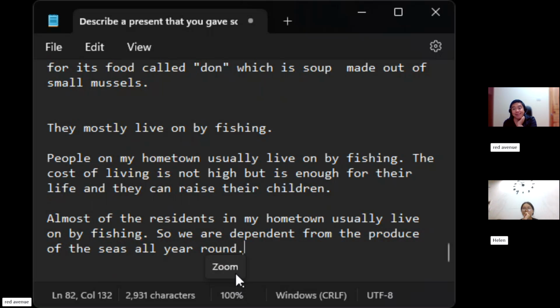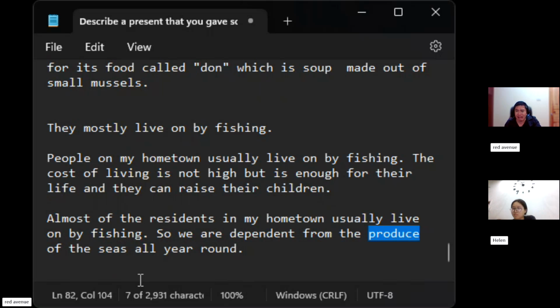What does it mean when we say produce? This is actually a noun, not a verb. What does it mean? Products. Yes, correct. The produce is used as a noun. It means products. It means that it comes from the ocean, right?